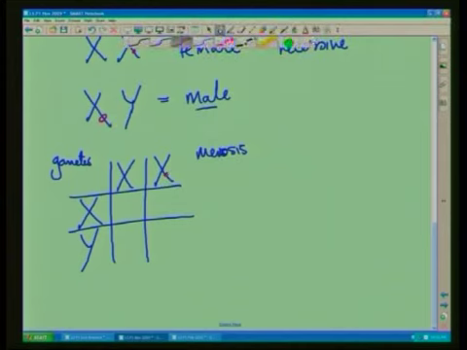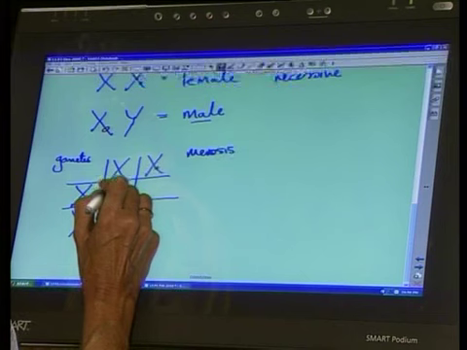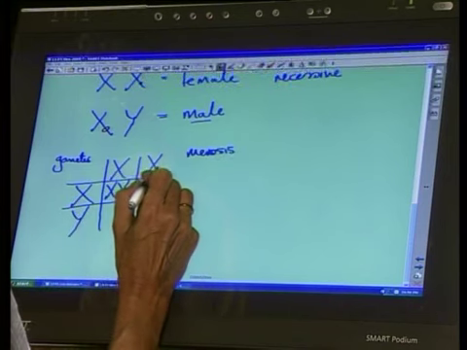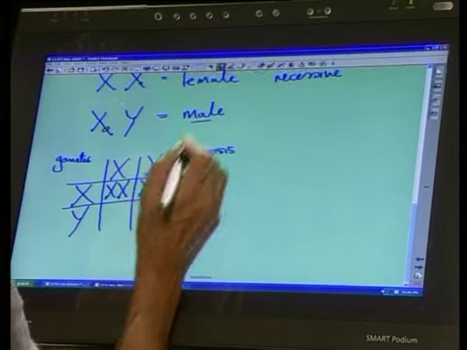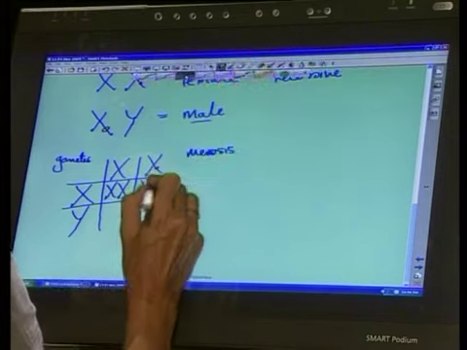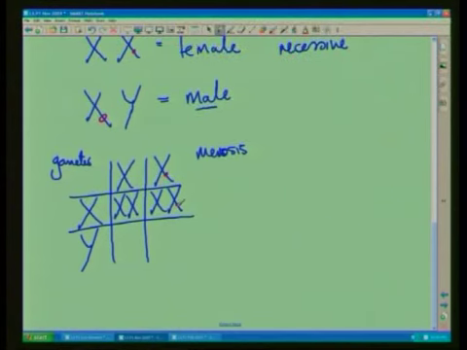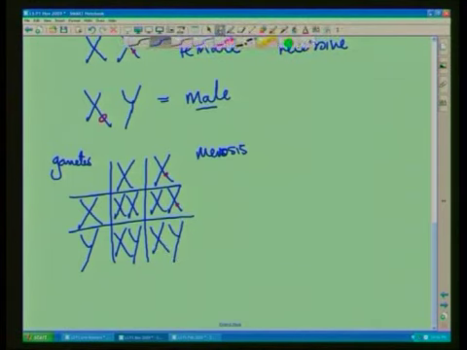So we follow on and we say, right, that's XX, and this is going to be XX, but it's going to have the little gene for hemophilia there. And then we have XY, and we have XY. And sitting on this chromosome, we're going to have the hemophilia gene.